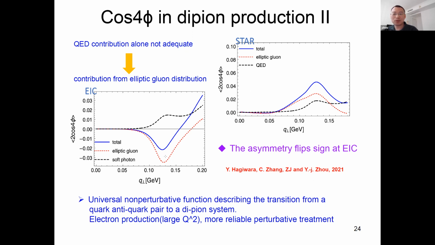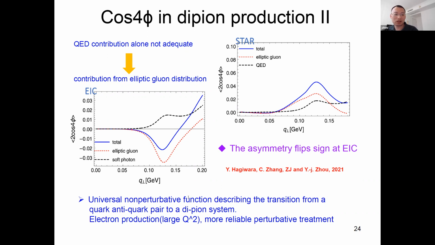As I just mentioned, the conventional way proposed in the literature to probe the elliptical gluon distribution is through the cosine 2 phi asymmetry in diffractive di-jet production. But what we proposed here is a much cleaner observable to probe the gluon distribution at the EIC, because it is free from the contamination from the final state soft gluon radiation effect in diffractive di-jet production.